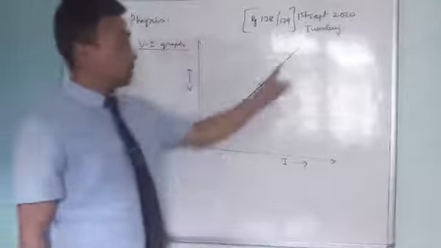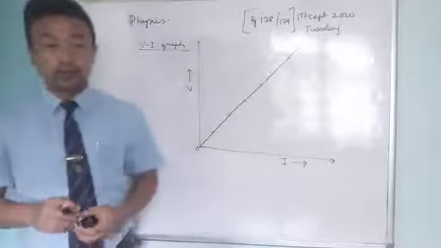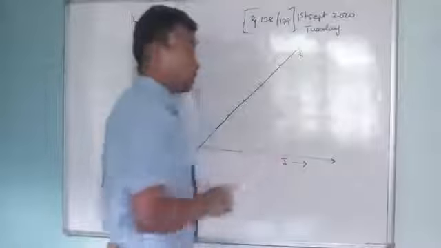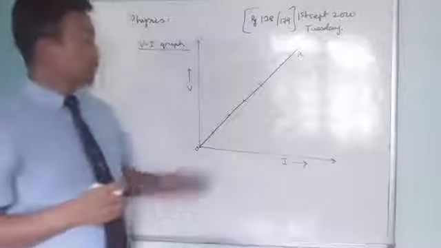Now this straight line gives you the resistance of the conductor and it proves that it remains constant. The slope of the VI graph gives you the resistance.